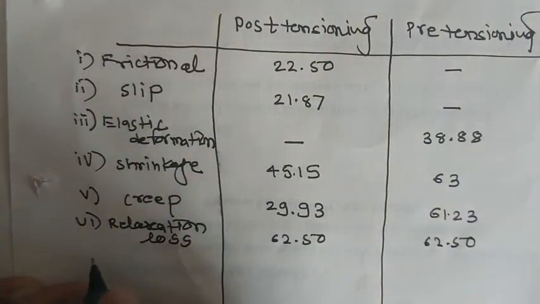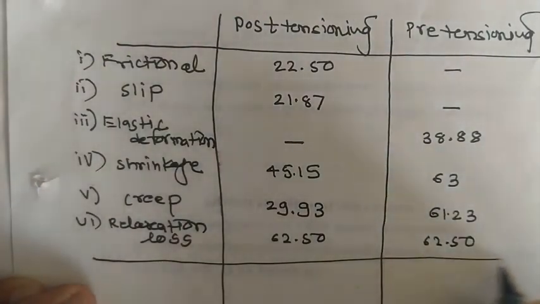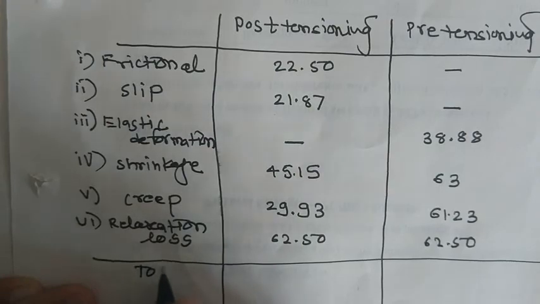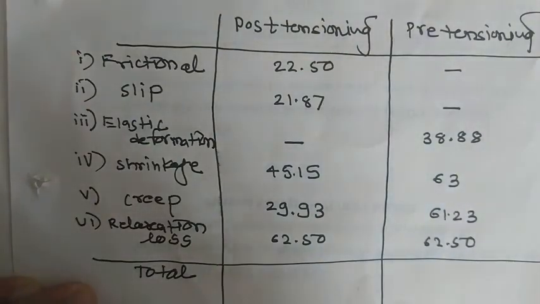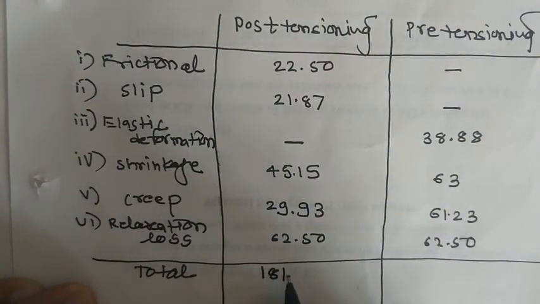So let us add all these losses to get the total losses. Add these losses: 22.50 plus 21.87 plus 45.15 plus 29.93 plus 62.50, total is 181.95.